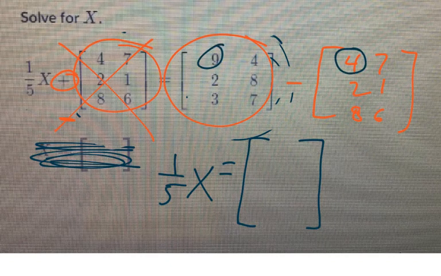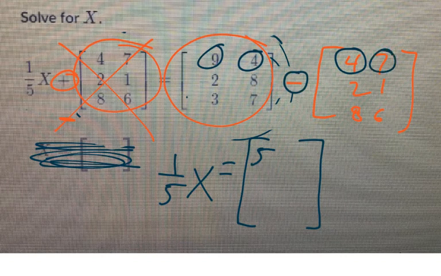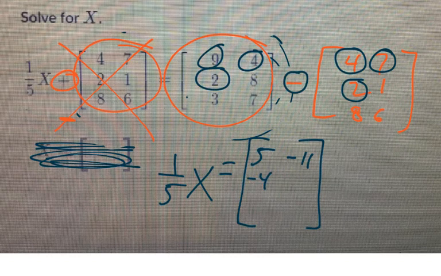9 minus 4 is 5. Remember, guys, all you do is match up position by position. In this case, you subtract. -4 minus 7 is -11. -2 minus 2 is -4.